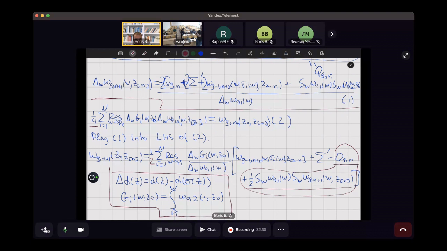The numerator, so let me write it down. Delta W G. I think it will be useful here to write delta W G explicitly.